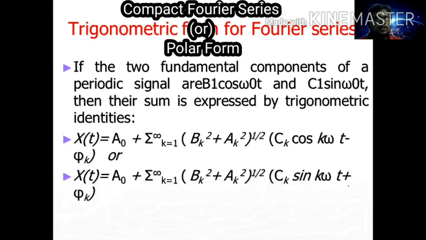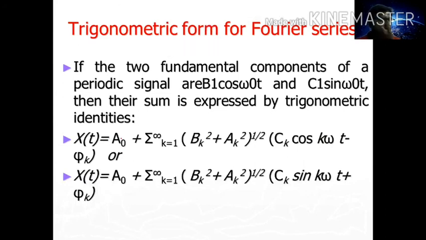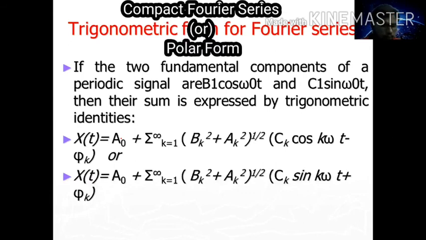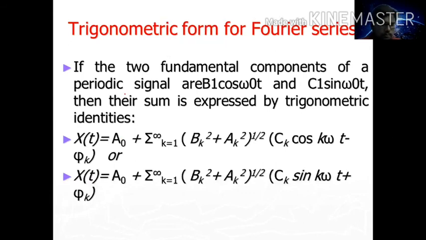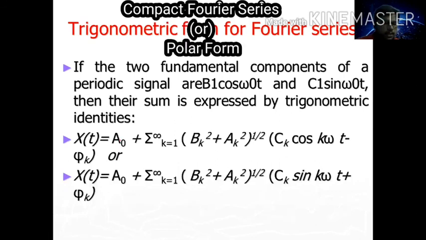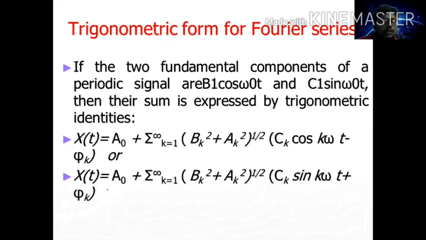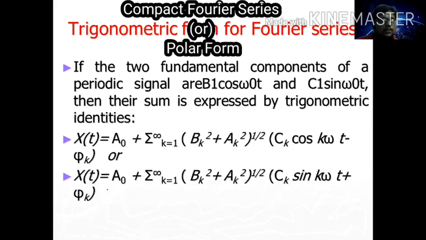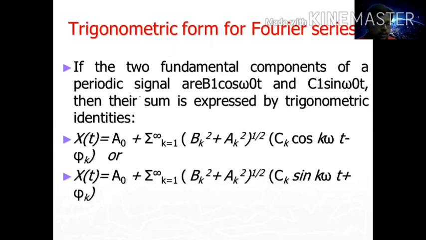So here plus phi k, here minus phi k, because it is expressed in terms of trigonometric identity formula. Okay, so it means the trigonometric Fourier series can be represented in compact form. That's why we call it compact trigonometric Fourier series, or you may call it polar Fourier series.